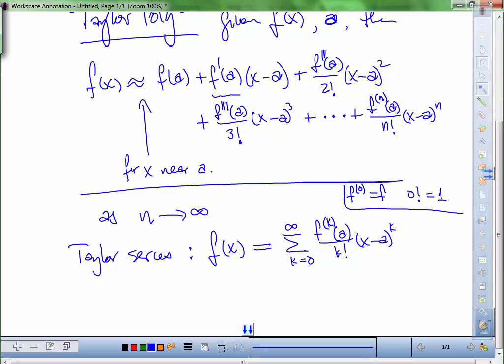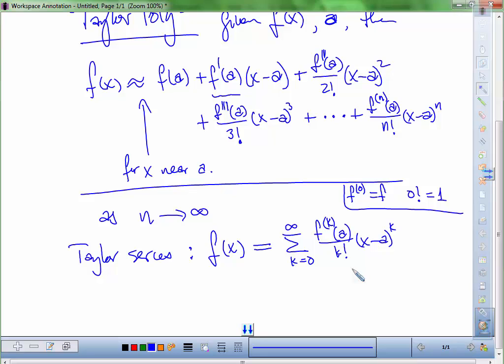Now, with this, you can expand a handful of important functions. Expanding polynomials isn't really that big of a deal because polynomials are polynomials at n, and these are polynomials. So we don't usually expand polynomials. But if we take a look at non-polynomial functions, like the exponential function and sine, cosine, and any other combination of those trig functions and logarithms and things like that, then we can see the expansion.